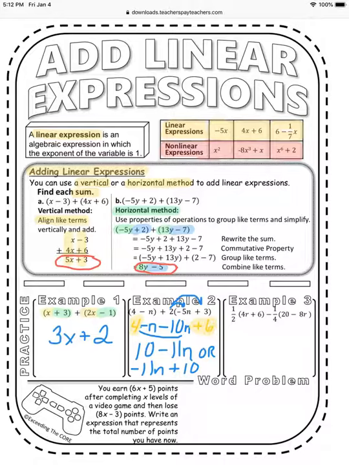Third example, there is something in front of each set of the parentheses, which means I have to multiply whatever's in the parentheses by the number that's on the outside of the parenthesis. So we're going to multiply a half by both of these. Half of 4r is 2r. Half of 6 is plus 3.